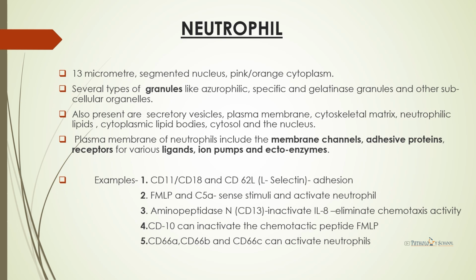For example, CD11, CD18 and CD62L, that is L-selectin, help in the adhesion of the leukocytes. The formylpeptide receptors and the C5a send the stimuli and activate the neutrophil. Aminopeptidase N, CD13, inactivates interleukin 8, which eliminates the chemotaxis activity. CD10 can inactivate the chemotactic peptide, and CD66a, 66b and 66c can activate the neutrophils.